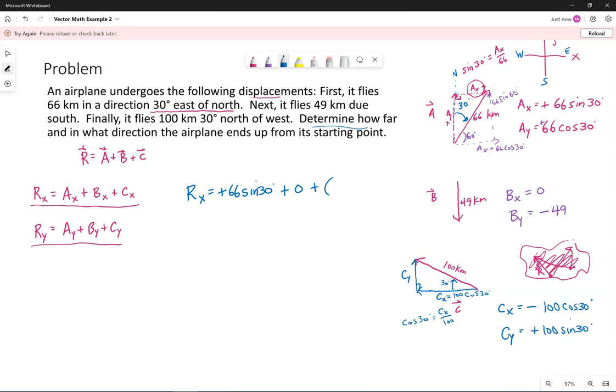And then plus how far it moves, in this case to the left or to the west, in the third step. So we're just adding these x components together. I'll just plug it in. I'm getting negative 53.60. This will be kilometers. Because I'm not at a final answer, I'm keeping a few decimal places.